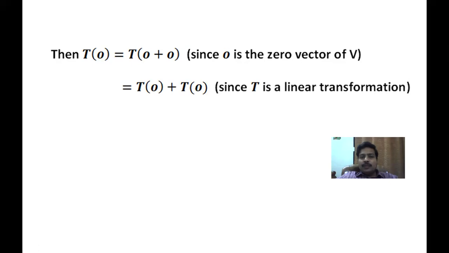T of u plus v can be written as T of u plus T of v as per the definition of linear transformation T. So this is written as T of O plus T of O.